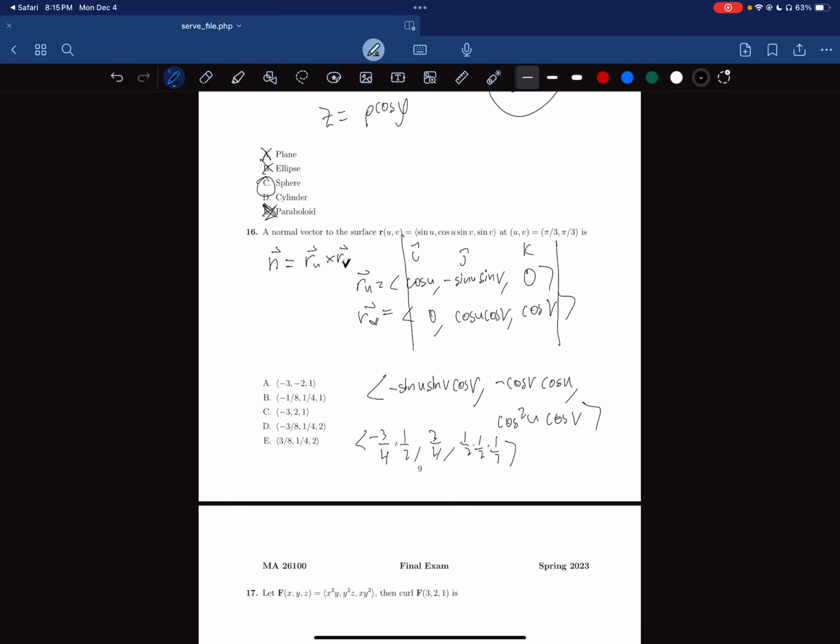So we're really going to get negative 3 over 8. 3 over 4 is just 6 over 8. I'm going to 6 over 8. And, of course, okay, no, I see what I did here. This is not supposed to be a 3 over 4, this is a 1 over 4, just because we have a cos u, cos v. So 1 over 2 times 1 over 2 is 1 over 4, not 3 over 4.